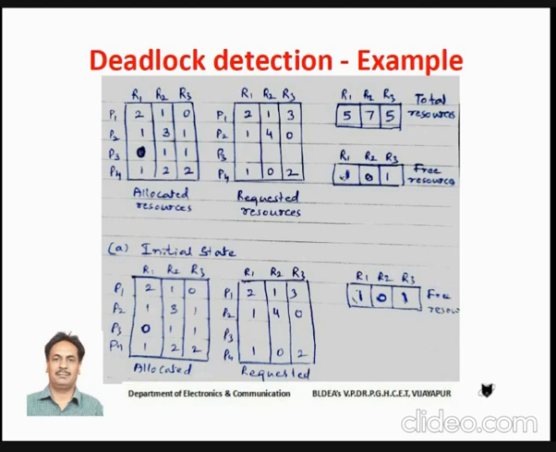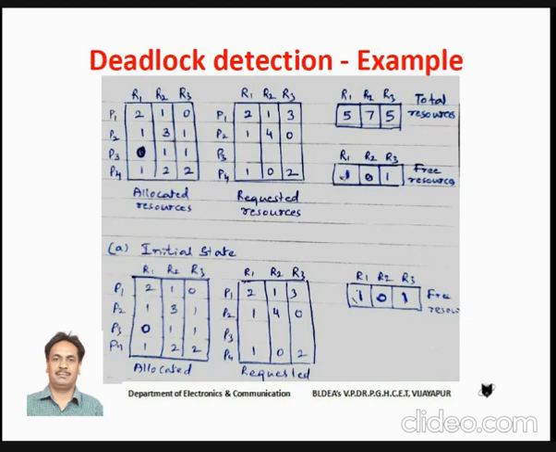If possible, we assume that process will complete and we take up the next one. We repeat this, but if one of the processes is not able to complete its execution, then we conclude that the particular process is in a deadlock state. Okay, now we'll see how to solve this problem.